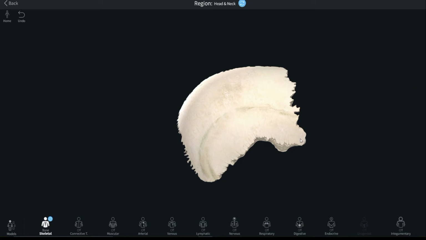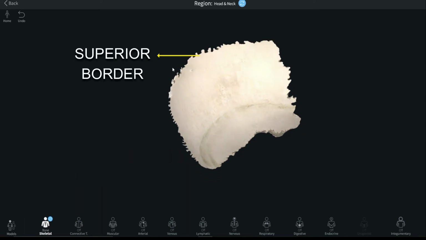So if this is the antero-inferior angle and this is the inferior side of the parietal bone, this must be the anterior side, so that the angle between the anterior side and the inferior side is the antero-inferior angle and it is prolonged. So now we know that this is anterior, this is inferior, this must be posterior, and the upper one must be superior, right? So in this way, we can conclude not only on the sides, but also on which one is which border. This is the anterior, inferior, posterior, and the superior borders.